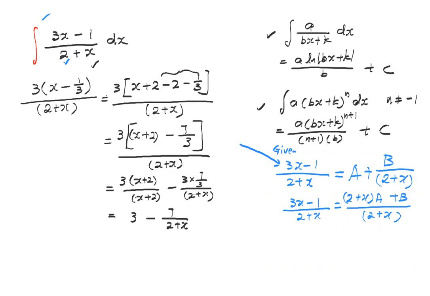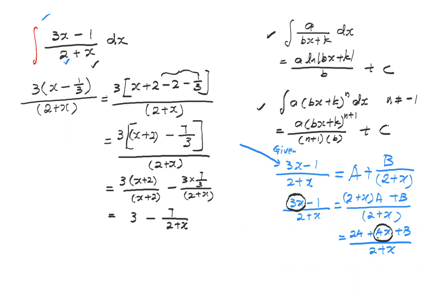Okay, so now if you look at the top, I have 2a plus ax plus b over 2 plus x. Now the only term with x is here, because the bottom is the same. So I compare. Do you see?